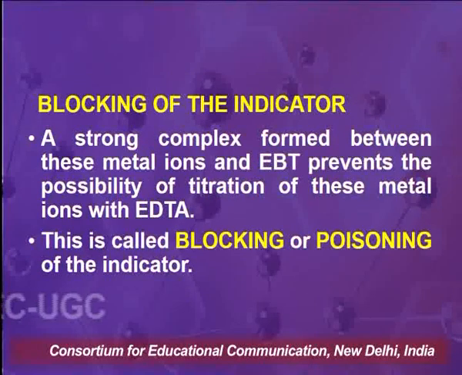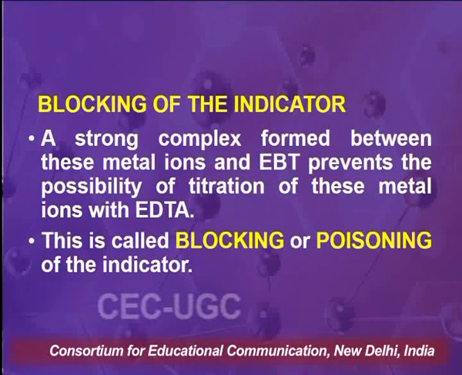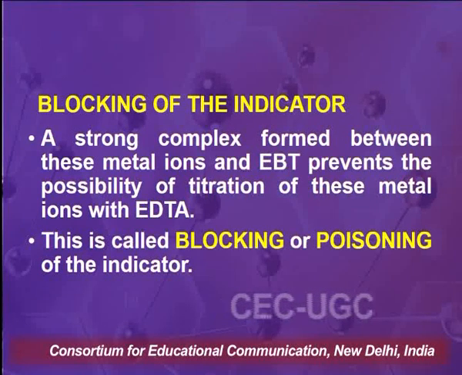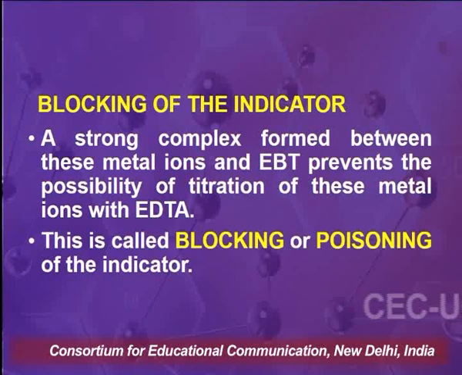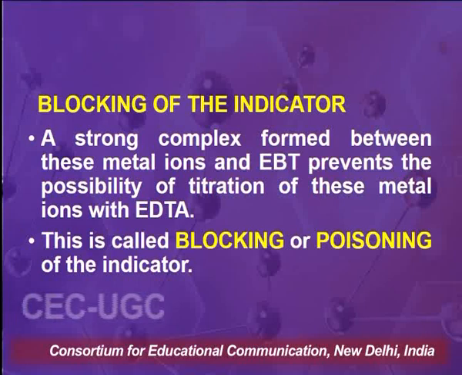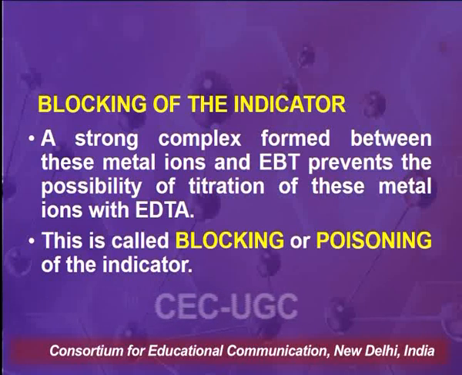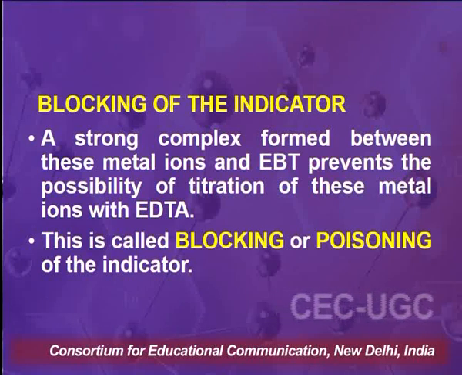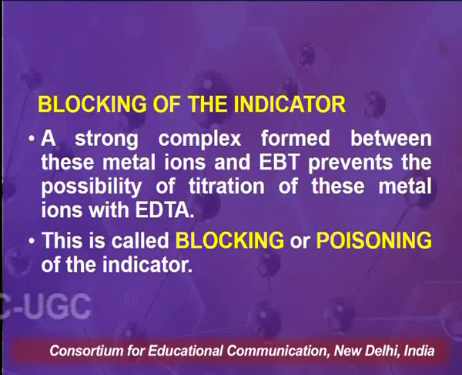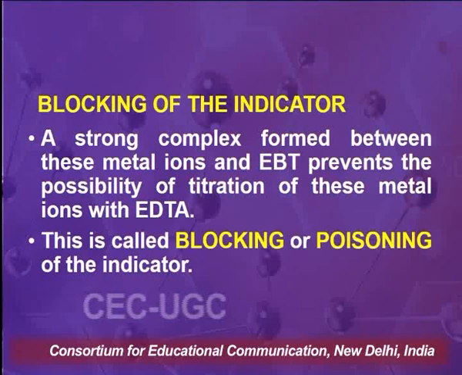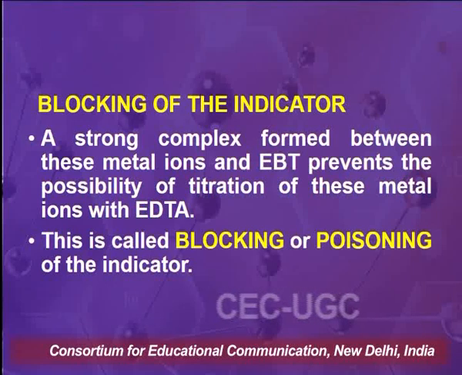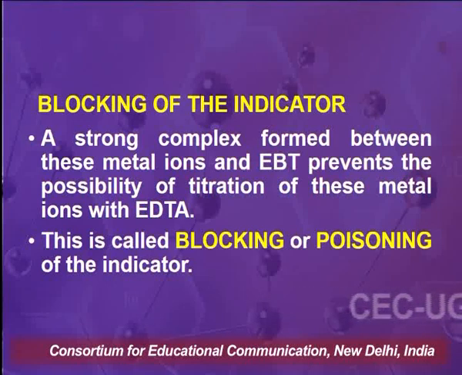A strong complex formed between these metal ions and EBT prevents the titration of these metal ions with EDTA. No matter how much EDTA is added to the metal indicator solution, the metal indicator complex does not break, and hence the titration does not proceed.